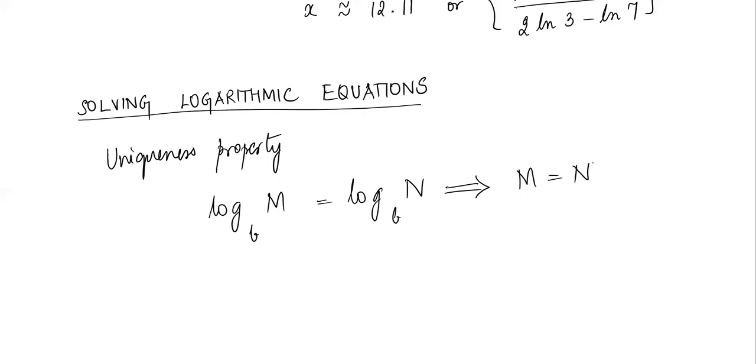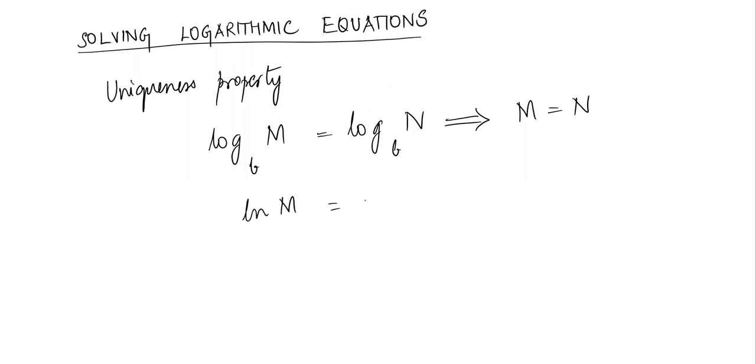When I say logs are the same, it means identical in terms of coefficient and the base. There is no number in front of log, so there's no coefficient there. In fact, the coefficient is 1. And the base must be exactly the same. If it's b, then it should be b. If it is 10, it should be 10 on the other side. E, in which case it will be ln. So remember that.